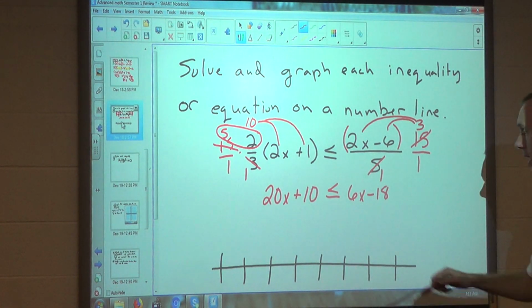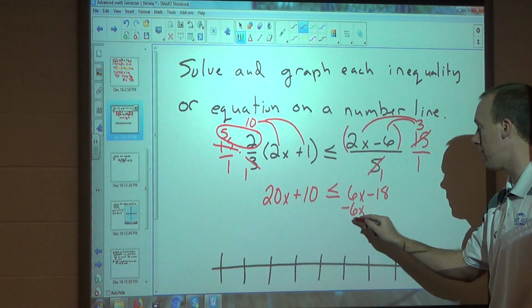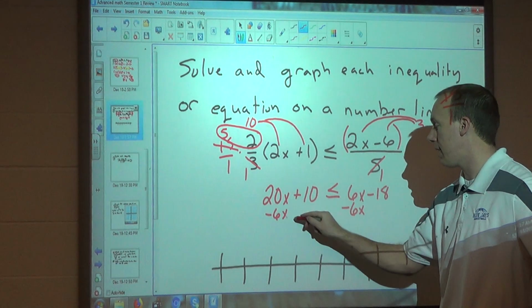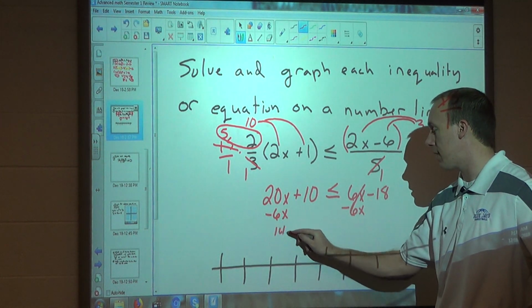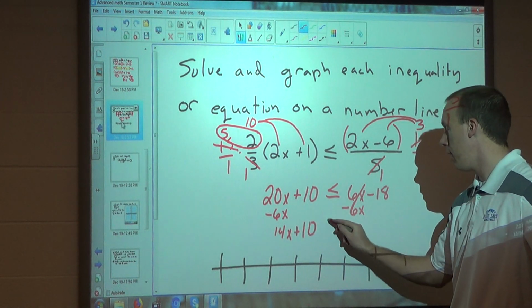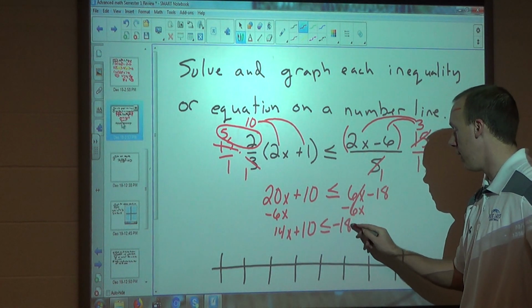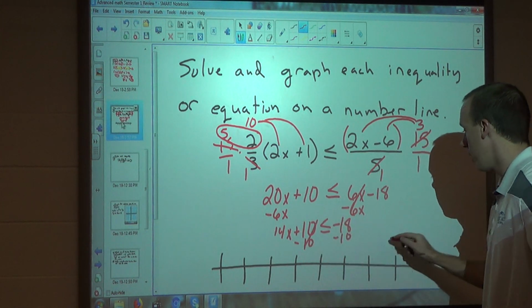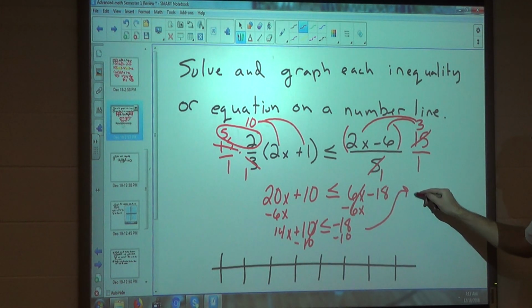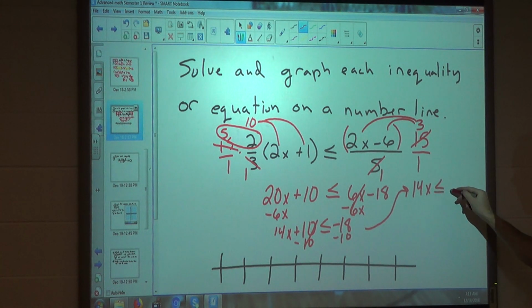And then letters on one side, numbers on the other. So minus 6x, minus 6x. That gives me 14x plus 10 and negative 18. And then minus my 10s, and I get 14x is less than or equal to negative 28.